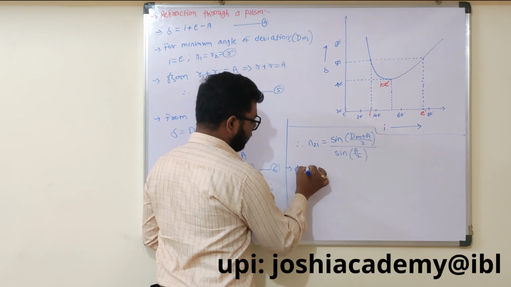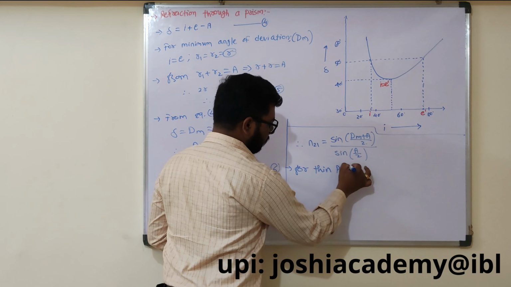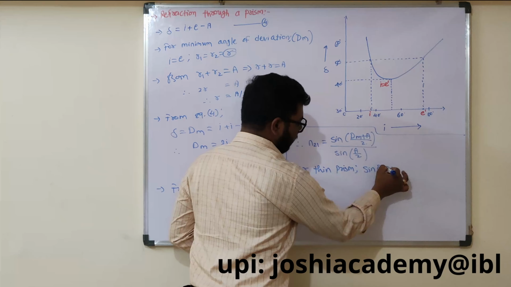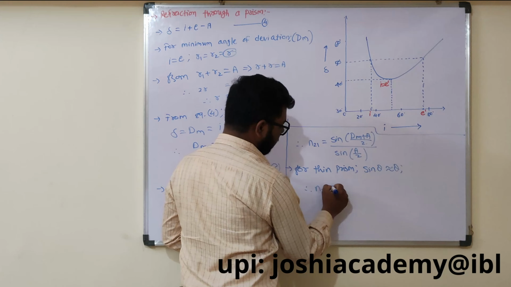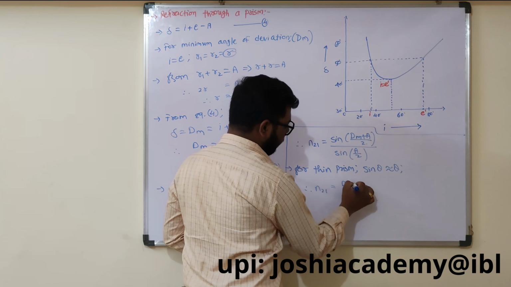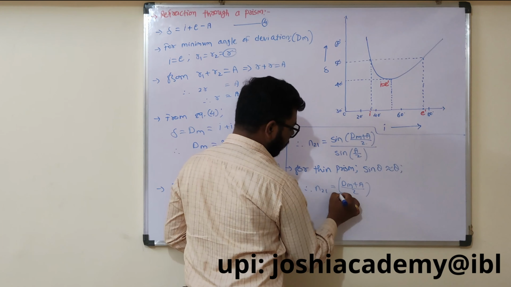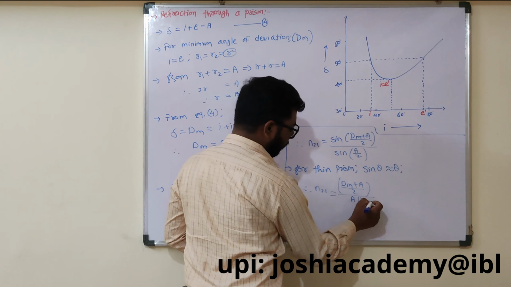So for smaller angles, we can consider sin theta as roughly equal to theta. So for a thin prism, sin theta is roughly equal to theta. That means n21 is equal to Dm plus A by 2, divided by A by 2.